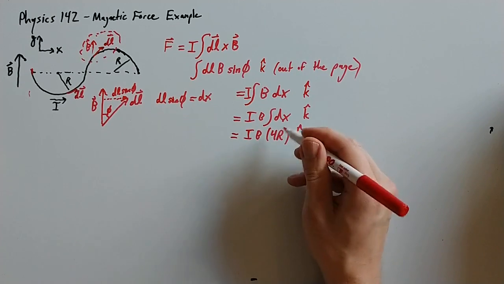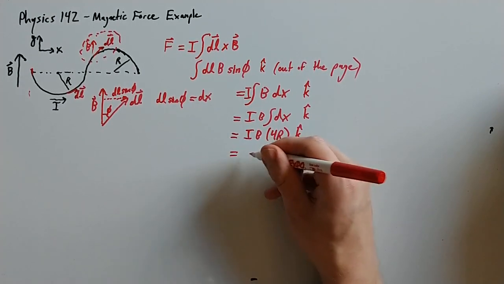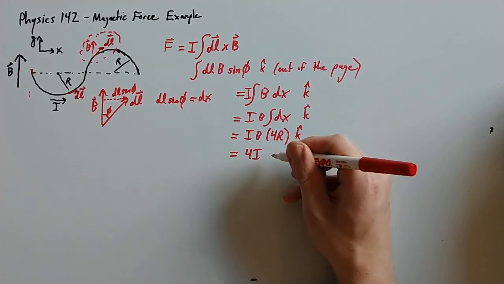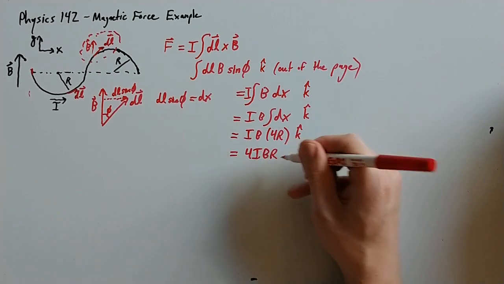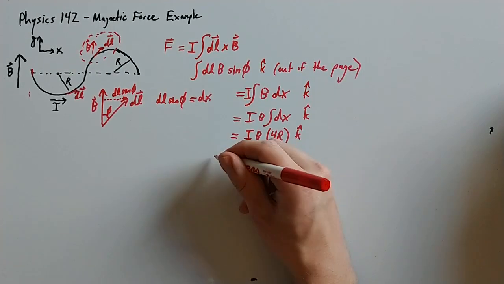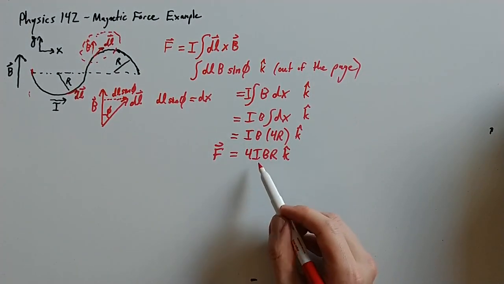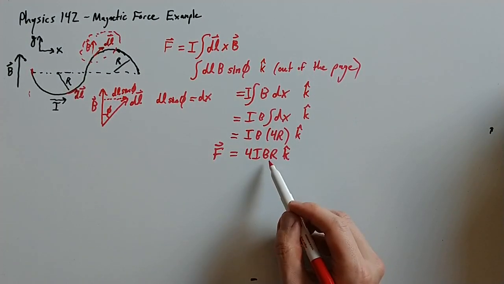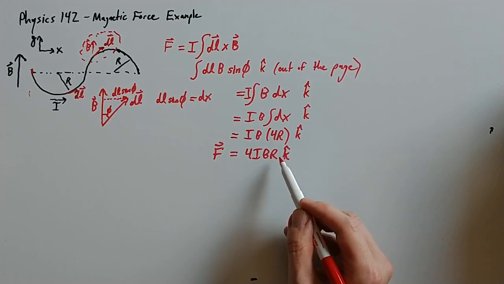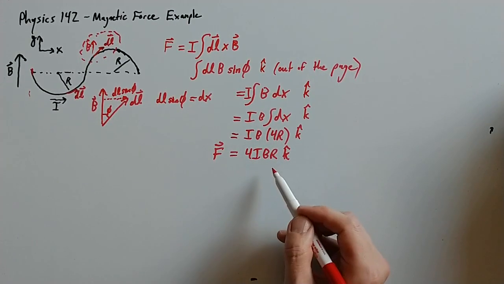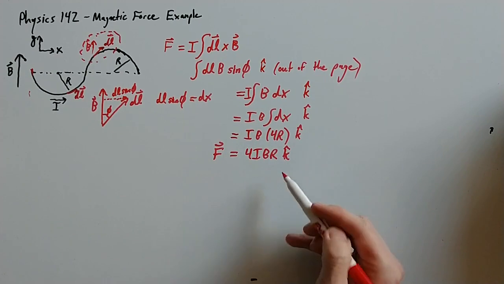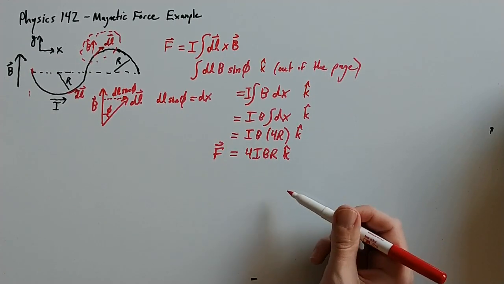Often we rearrange this to put numbers out front, so we could say this is 4IBR in the k hat direction, and that is the force on this wire. It depends on how much current you have, how much magnetic field, and what the radius of these circles is, and it ends up being 4 times that. That's how much force you get, and that force is going to push it out of the page.